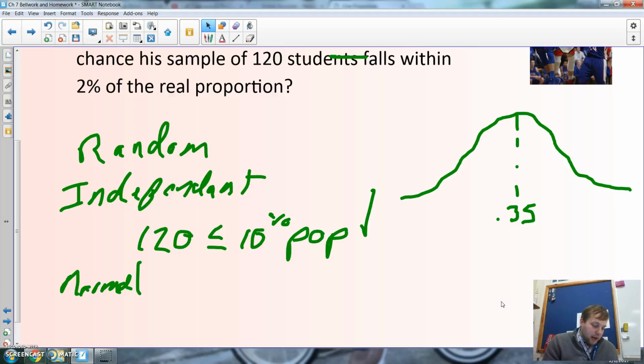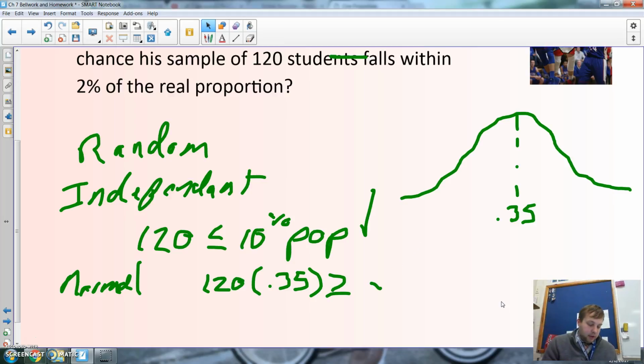Does it meet? I'm taking 120 times its percentage, which is 0.35. Now, if this is bigger than 10, I've met my normal. I know this is going to be a normal curve, and I can use a z-score on this baby. So, 120 times 0.35, I believe that's way past 10.